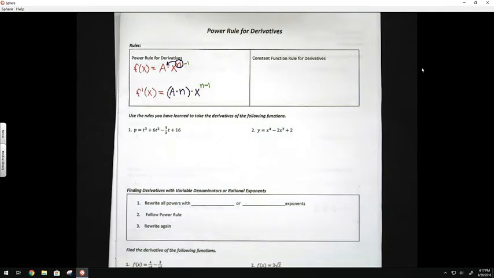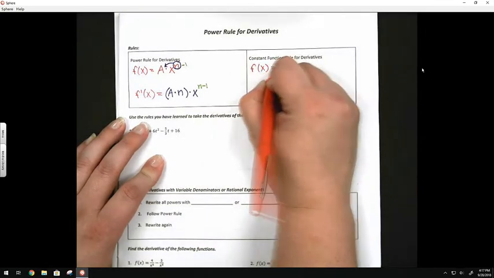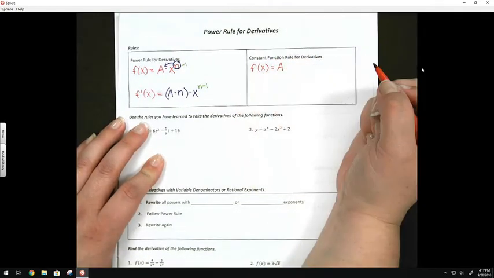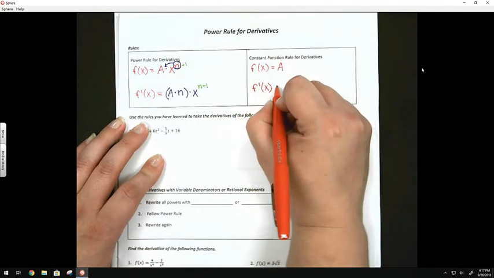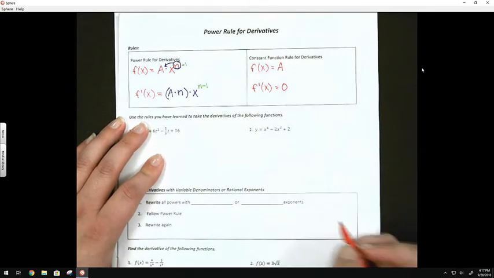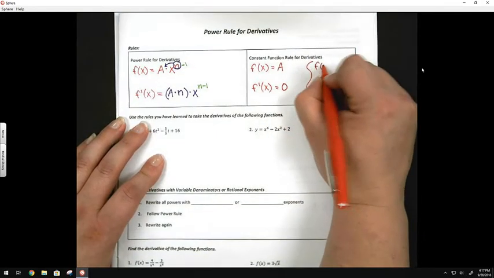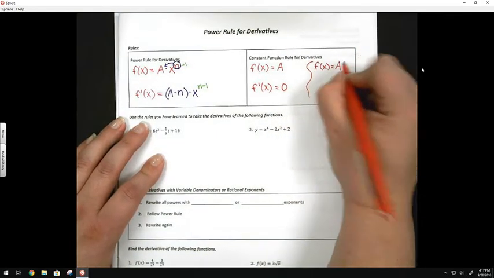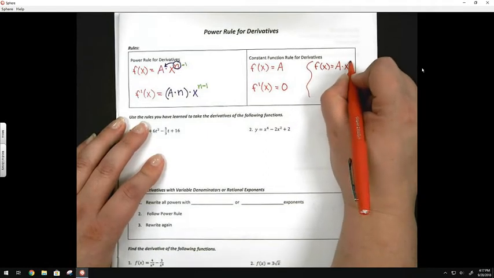The other one that we need to talk about is the constant function rule for derivatives. If your function f of x is just some number a, then the derivative of the constant is just 0. The reason is we can think of f of x equals a as a times x to the power of 0.